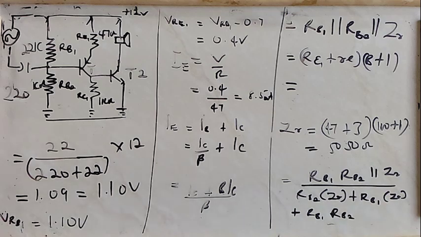So you put your values into the formula and you arrive at approximately 3.8 kilo ohms. That is the input impedance of the amplifier that we implemented in part 1 of the video.